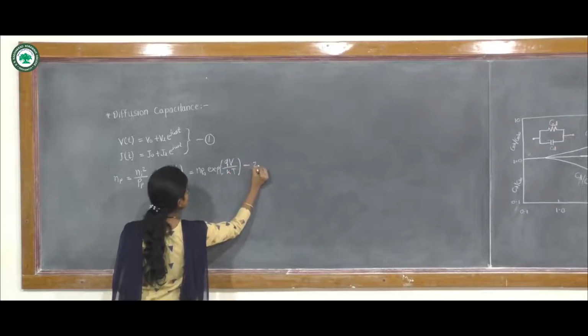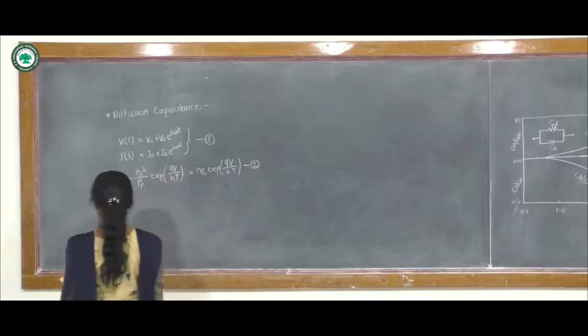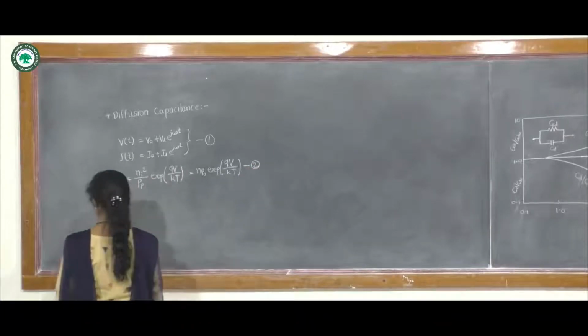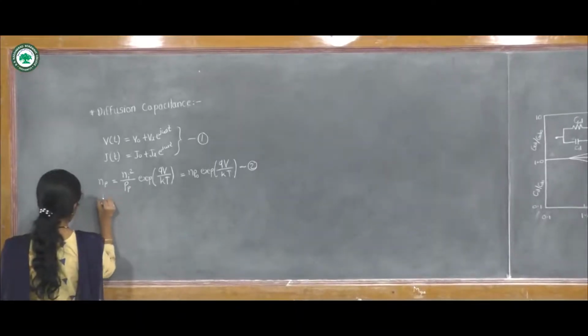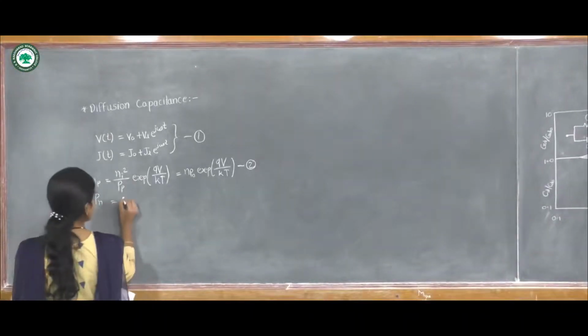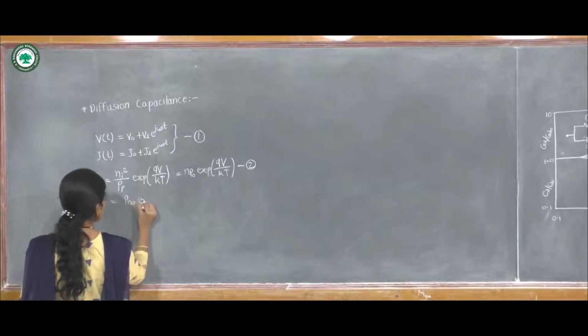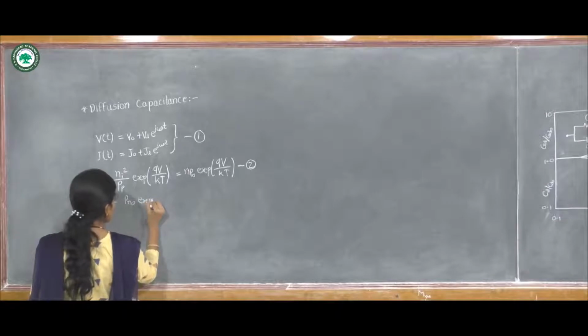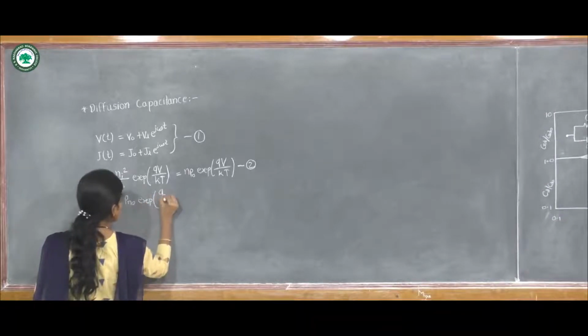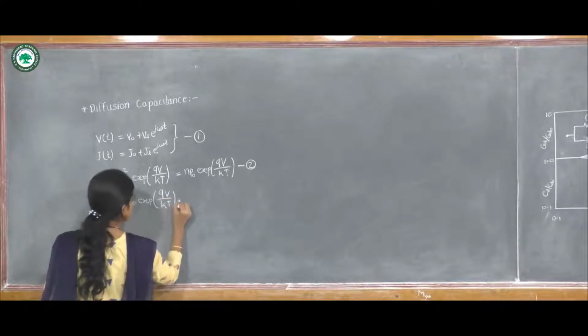This is equation number 2, and Pn = Pn0 exp(qV/kT). So this is equation number 3.